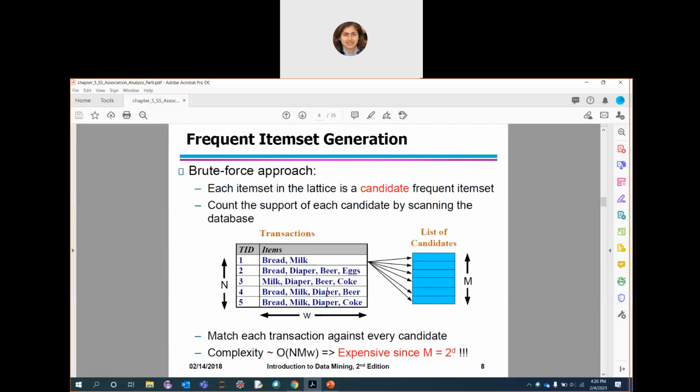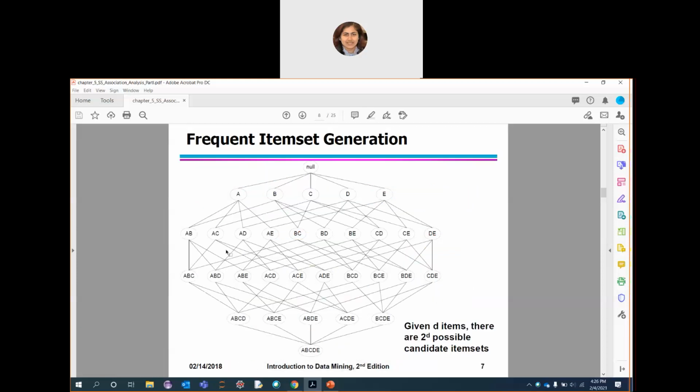to do that candidate generation process, we need to compare each candidate against every transaction, and this operation is shown here in this picture. Okay, so here this is the transaction and this is the candidate item set. In the tree, from the items you are generating all the different candidates: 2 item set candidates, 3 item set candidates, 4 item set candidates, or 5 item.